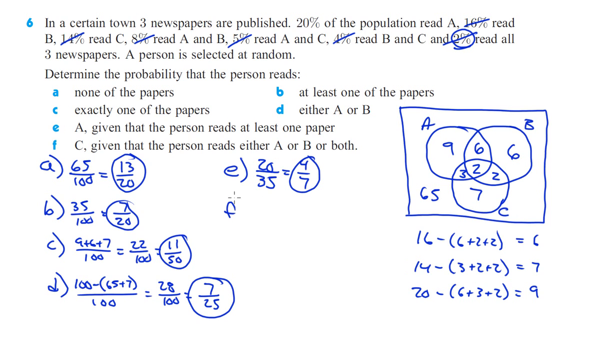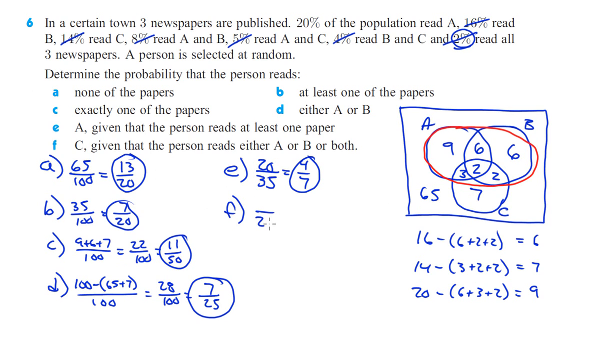4/7. Okay? And then F, we've got how many people read C, given that the person reads A or B or both. So that's going to be just this group of people right in here, because all those people read A, B, or both. So it's going to be everything except for these 65 and 7 people, which we figured out is 28 total.